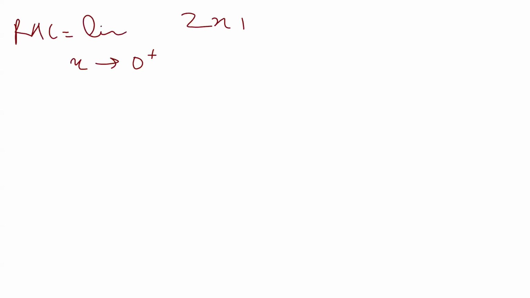I think I just got disconnected. So RHL, x approaching 0 plus, 2x plus 1 upon 2x minus 1. So let x is equal to 0 plus h.